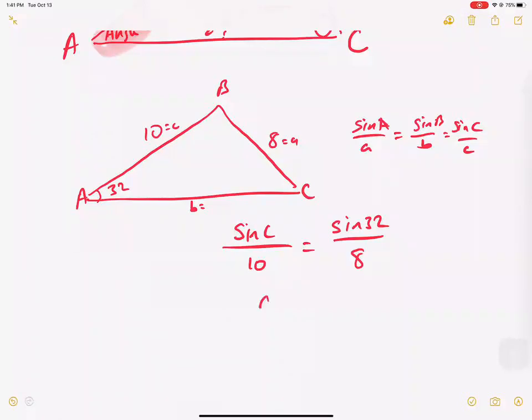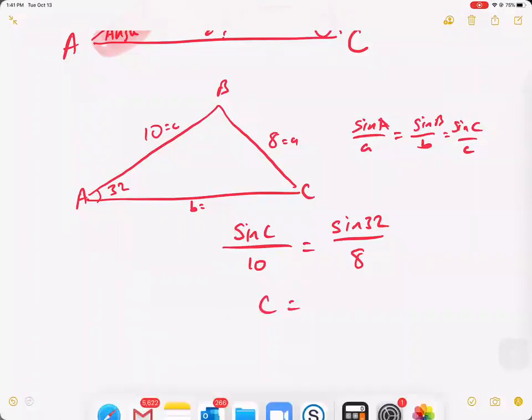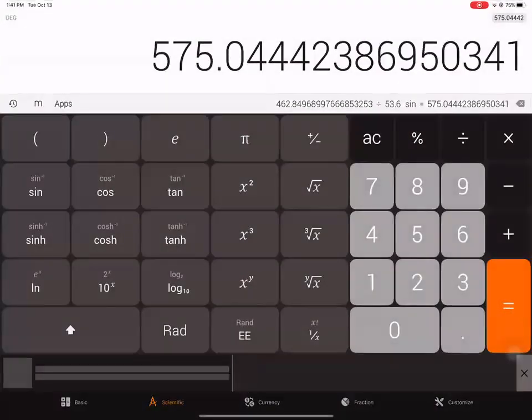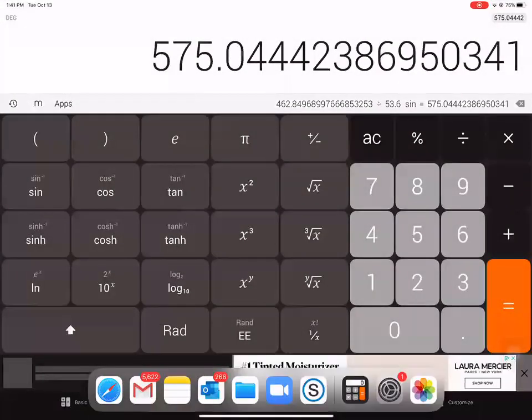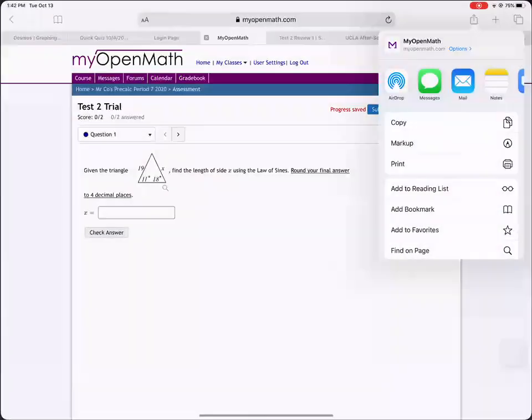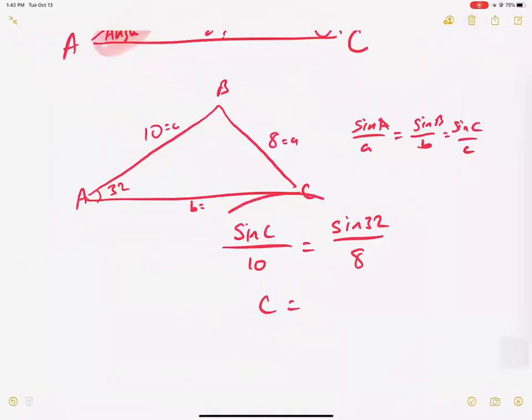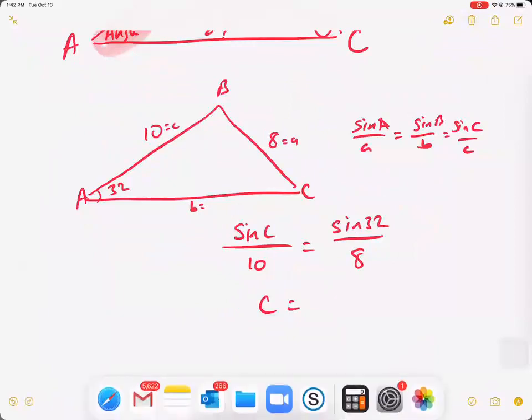Use your calculator. For the test, all the work that you need to show is this initial setup. If you show this setup, you've shown the work. Everything else is calculator work.